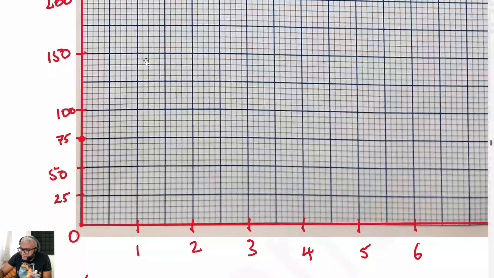Somebody tell him what the second coordinate is, please. 1 and 115. 150. So 1, 150. You have 1 down here and 150 up here. So where 1 and 150 meet would be at that point there, right?